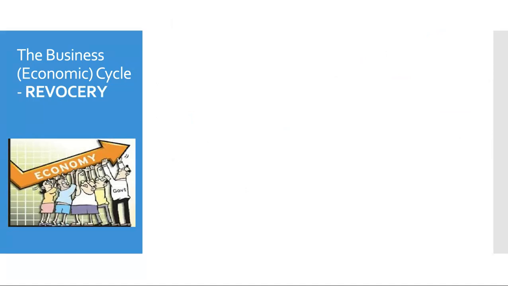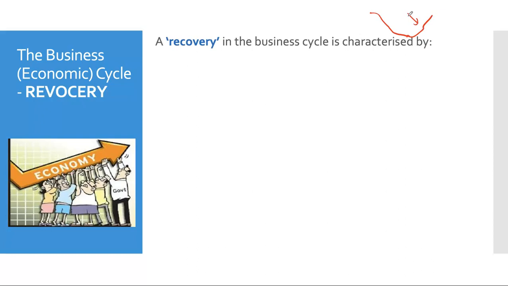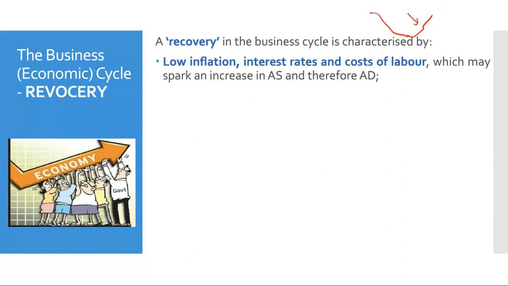This doesn't last forever. We have our peak, our contraction, we hit our trough. The trough is the lowest point, and we start to have our recovery. A recovery in the business cycle is characterized by low inflation, interest rates, and labor. Low costs of goods, getting cash debt is at low cost, and wages are low.